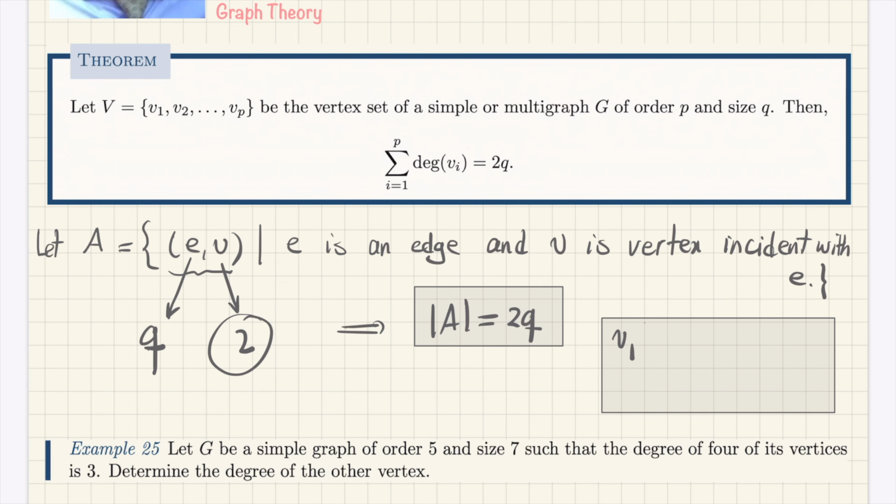Please think, don't spoil the problem. I am taking one of those vertices, I put that vertex here, V1, and now I am asking you to count the number of ordered pairs so that the second component is V1 and the first component is an edge incident with V1. Can you tell me how many of those ordered pairs I have?